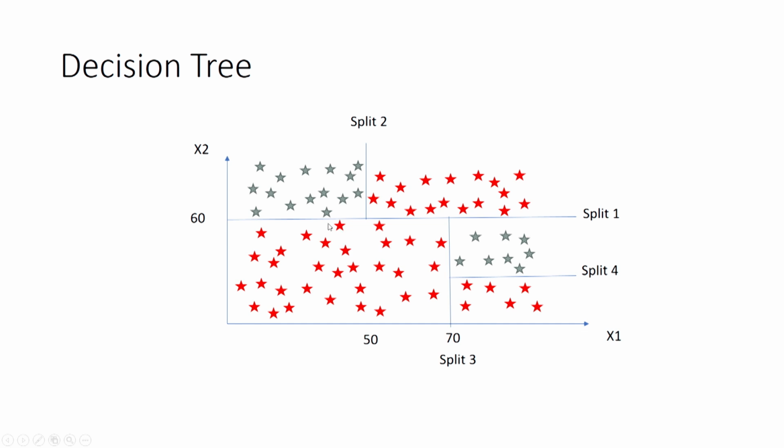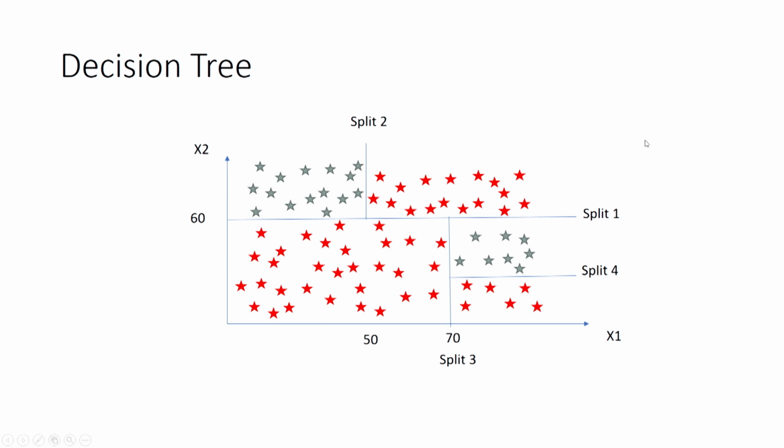Suppose a new instance belongs to this subset. In that case, we will predict its class as green class. If that new instance belongs to this subset, we will predict its class as red class. In this way a decision tree can be used for classification problems also.